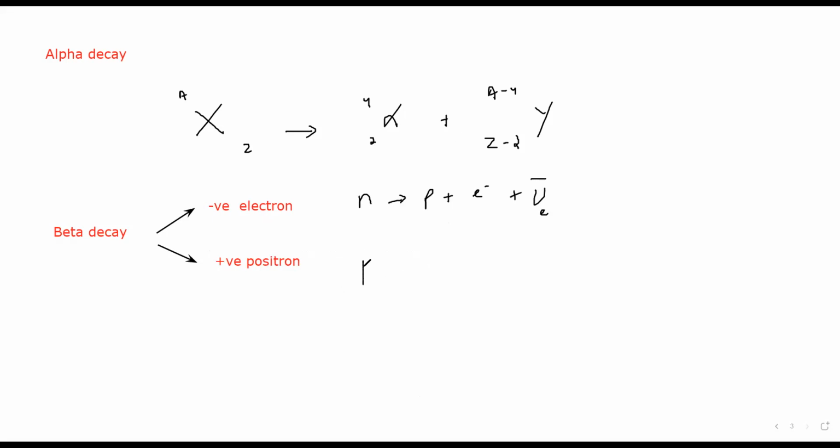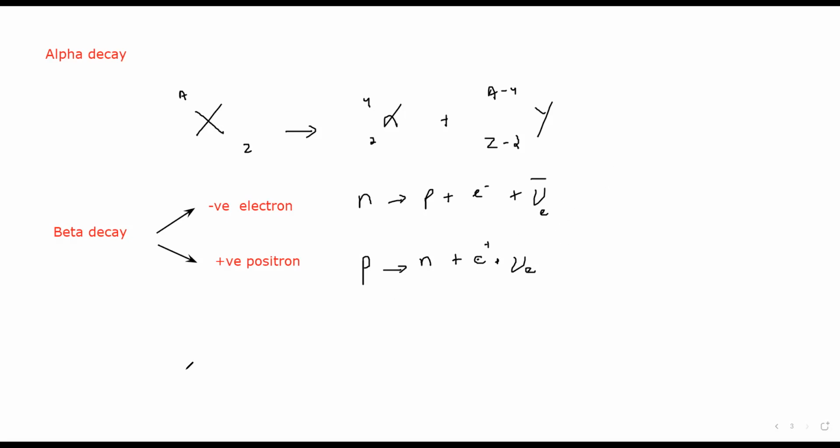But in a positive beta decay, a proton breaks down into a neutron, a positron, and an electron neutrino. For each lepton, the lepton number is +1, and for an anti-lepton it is -1. So the electron neutrino and anti-electron neutrino are there to conserve the lepton number.